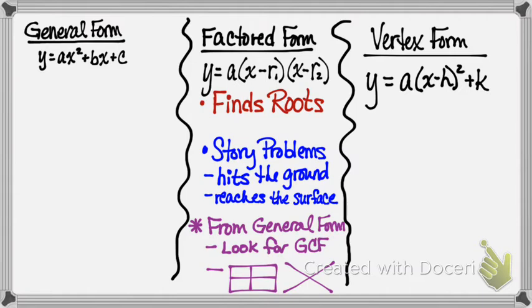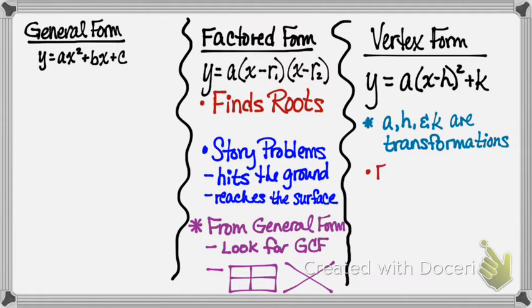Vertex form is my AHK form. A, H, and K are my transformations. The vertex is HK.